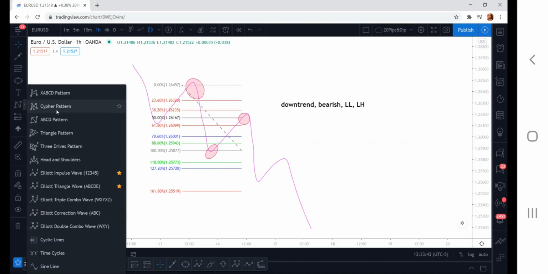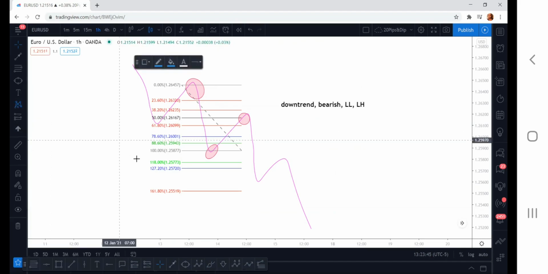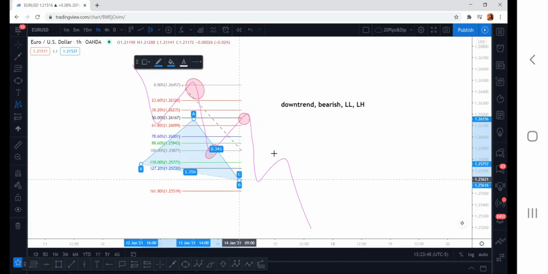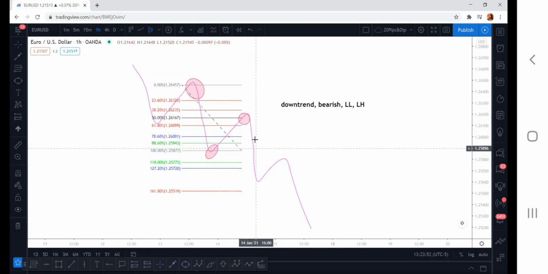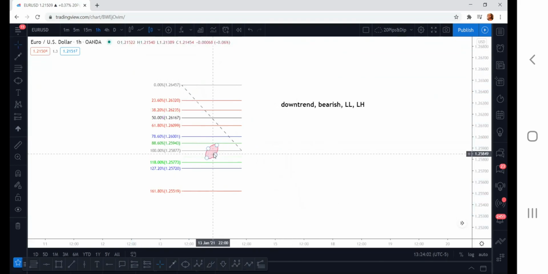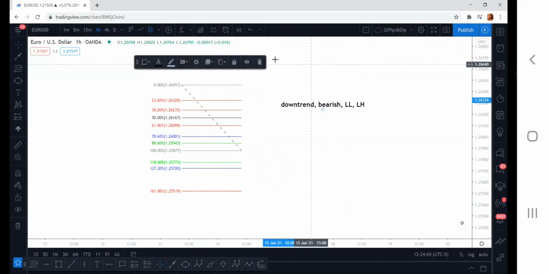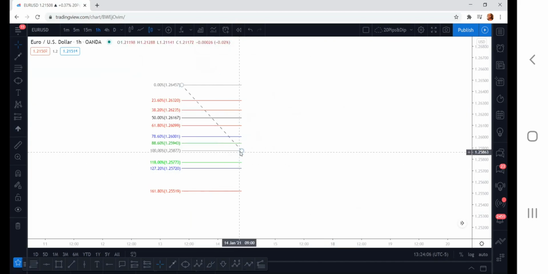Some of these are drawn out patterns and such. You'll see that these levels are made off of Fibonacci retracement levels. That's a little bit more of an advanced concept. All right, so let's take a look at some examples of fibs in the live market.